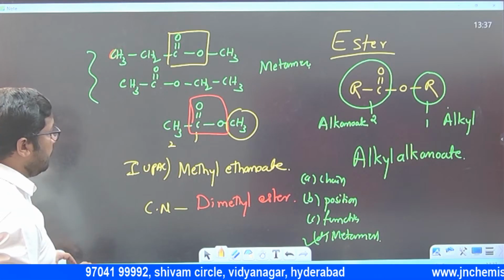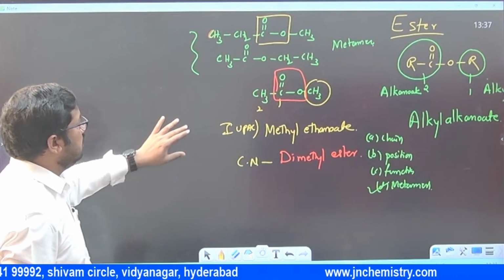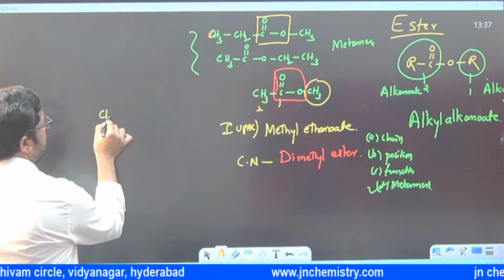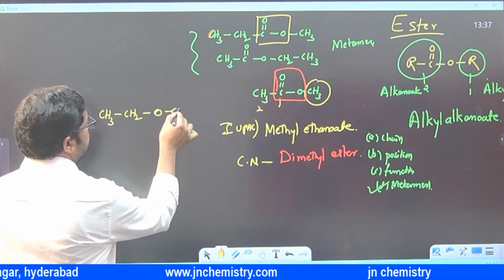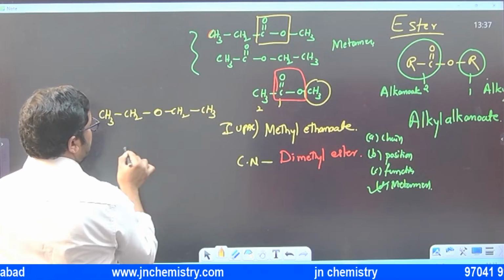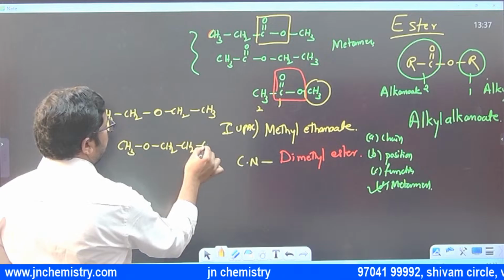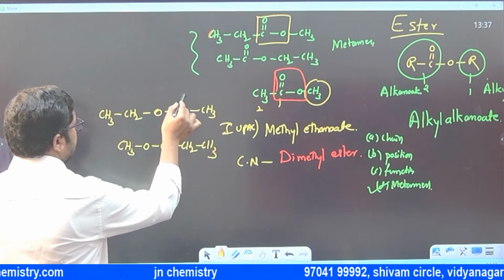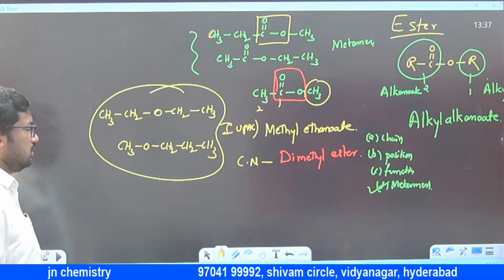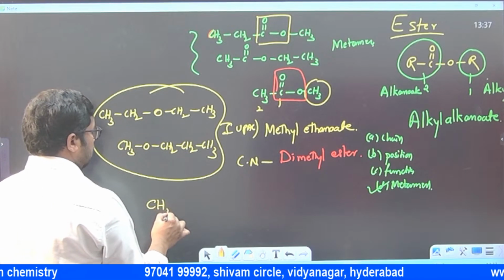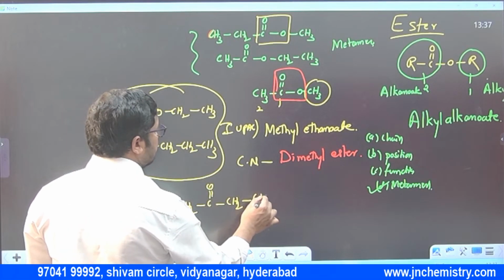For example, metamers, I'll give you one more example. Ethers: CH3 CH2 O CH2 CH3, and CH3 O CH2 CH2 CH3. What is the relationship between these two? Metamers.